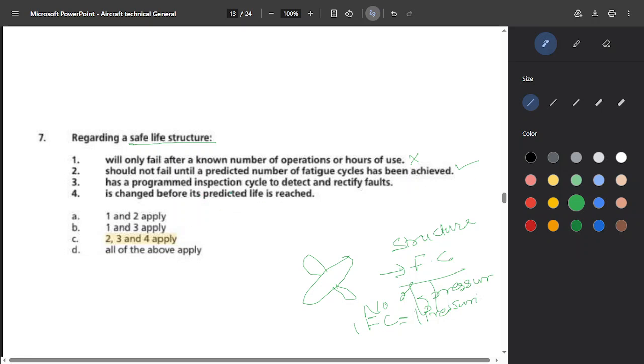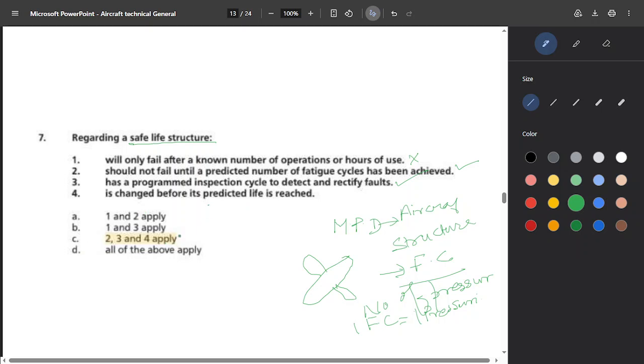Has a programmed inspection cycle to detect and rectify faults. True. We have visual inspections at the given interval as per the MPD, that is being translated into the aircraft's AMP. It is changed: a safe life structure is changed before its predicted life is reached. True.